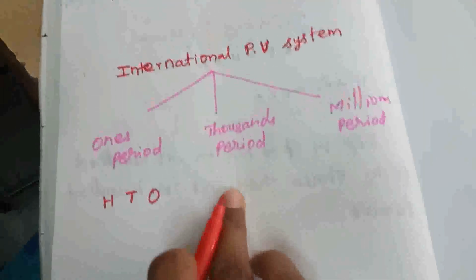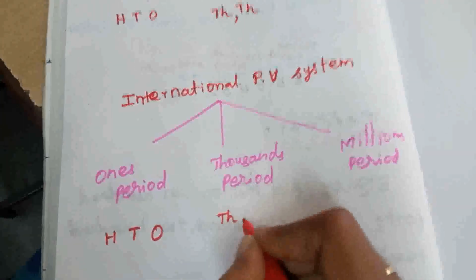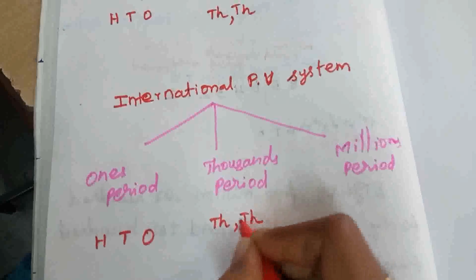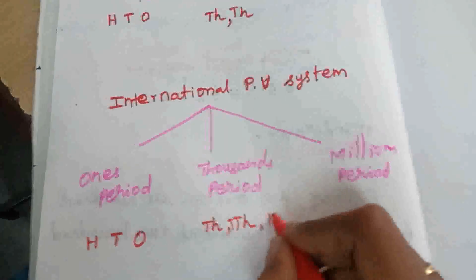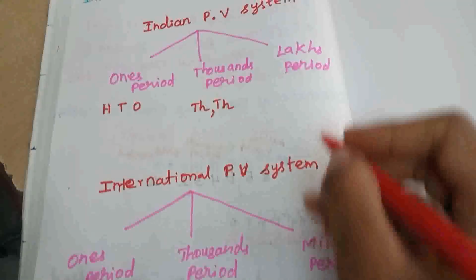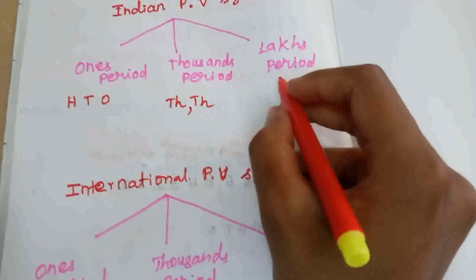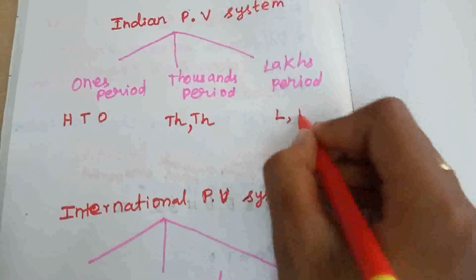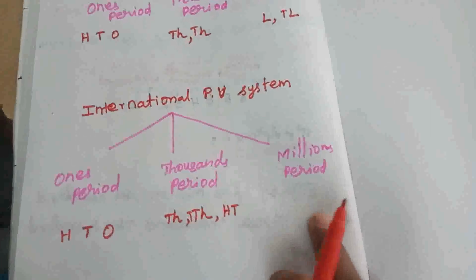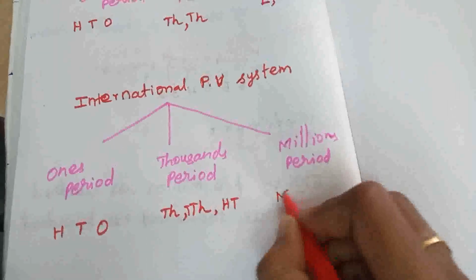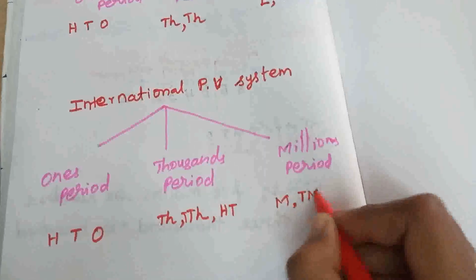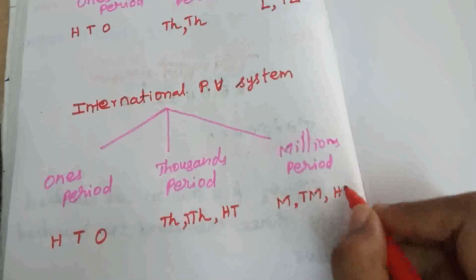But in the thousands period, thousands, ten thousands, hundred thousands. Okay. See here, in the lakhs period: lakh, ten lakh. But in the million period: million, ten million, hundred million.